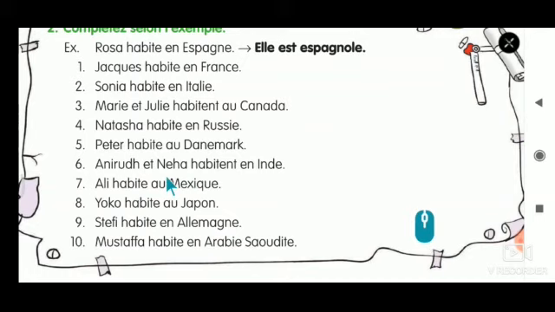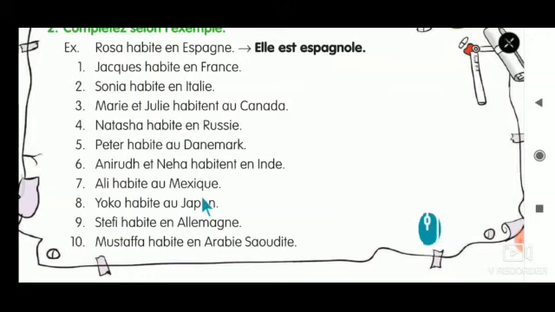So that becomes ILS. So ils sont indiens with S. You should not put double N since there is a boy too. You have to put only INDIENS. So you have to write a sentence like this: ILS SONT indiens with S.